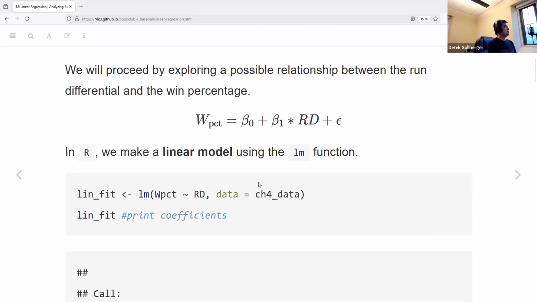In R, recall that we could make a linear model using the LM function for linear model. In particular, be sure to put the response variable first, tilde, predictor variable, sometimes called target and feature. And the way we read this off is we're trying to model win percentage explained by the run differential.